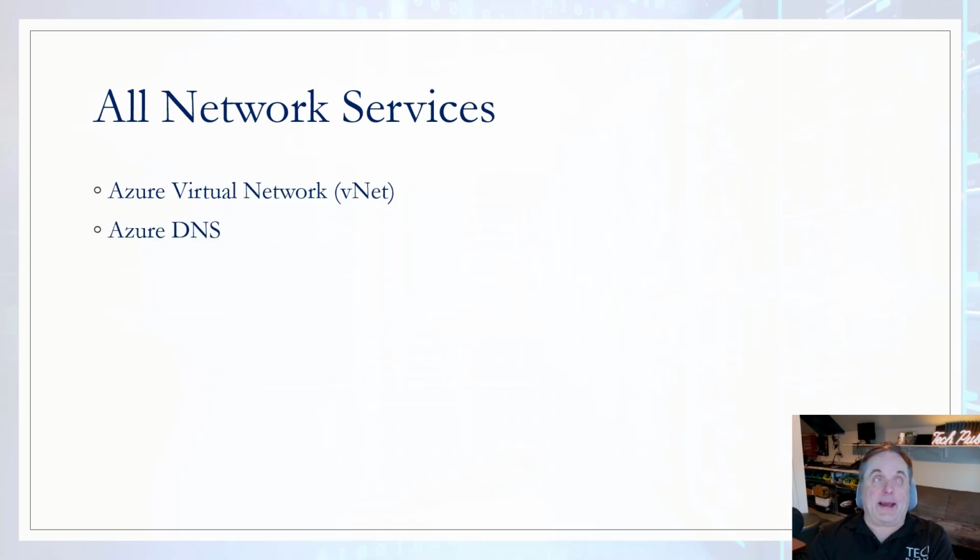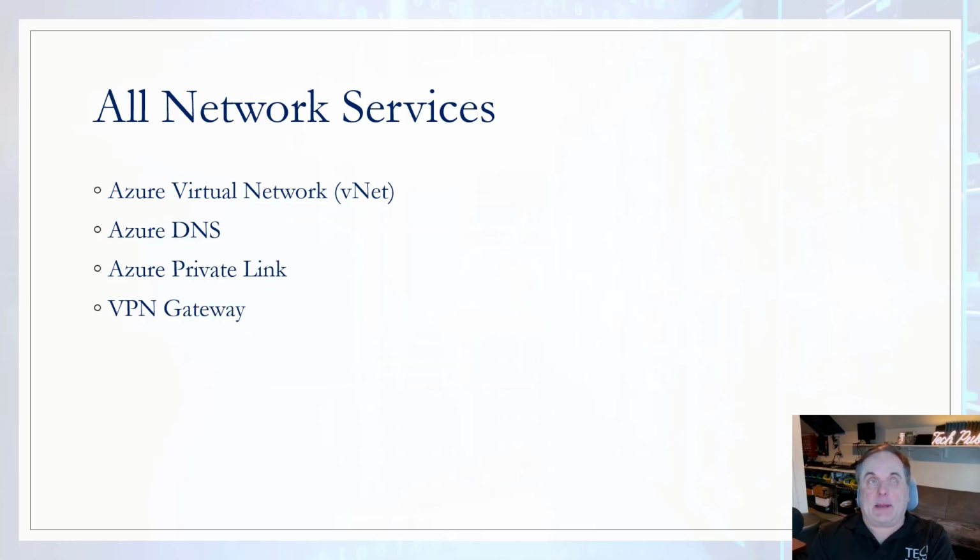Next, we have Azure DNS, and this provides hosting for public and private domain names and resolved domain names into IP addresses. Next, we have Azure Private Link, and this enables secure private connectivity from your virtual network to the Azure platform services without traversing the public network. Next, we have VPN Gateway.